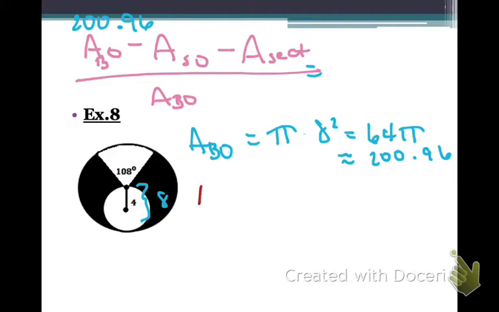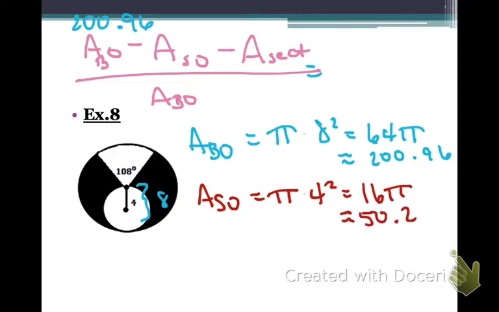Now I need the area of the small circle. So pi times 4 squared, which is 16 pi, which is about 50.24. And now I need the area of the sector. All right. Then remember that formula.